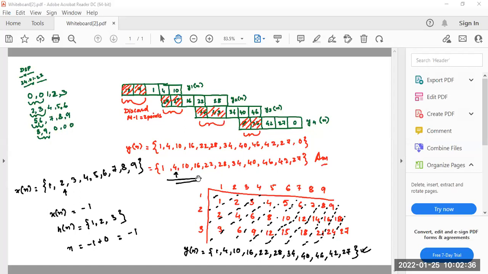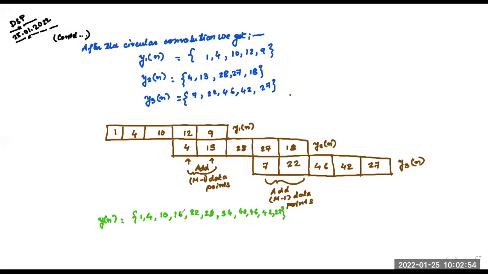You can see here 1, 4, 10, 16, 22, 28, 34, 40, 46, 42, 27. So this is the answer. Understand?